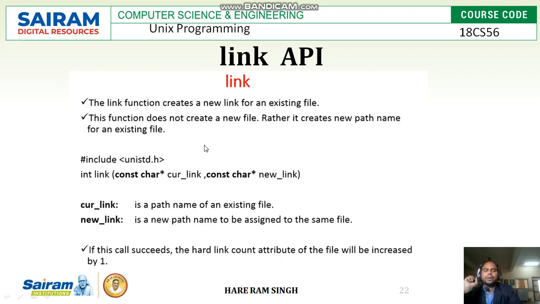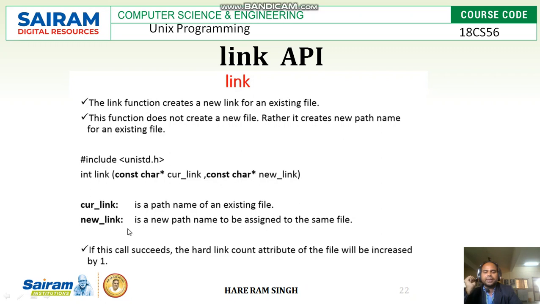This function does not create a new file, rather it creates a new path name for an existing file. #include unistd.h, integer link, const char star current link, comma const char star new link.